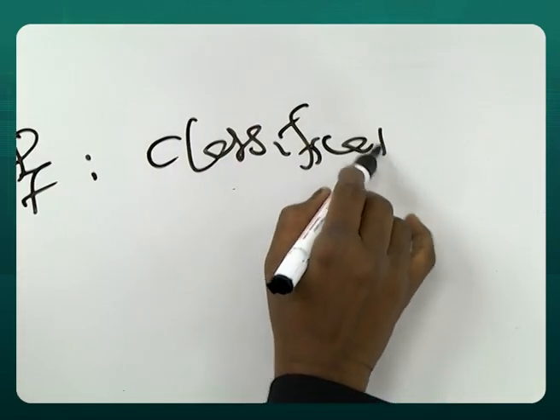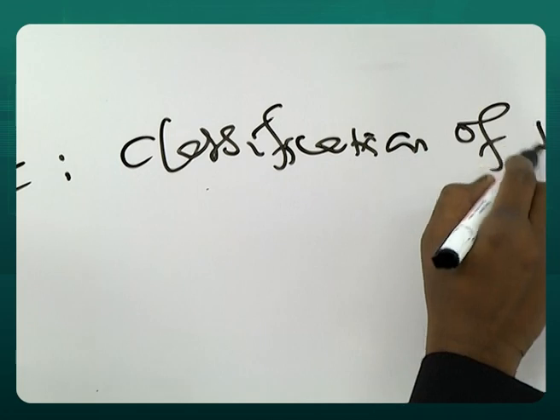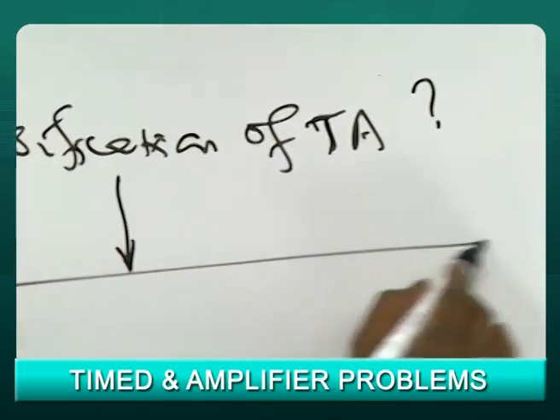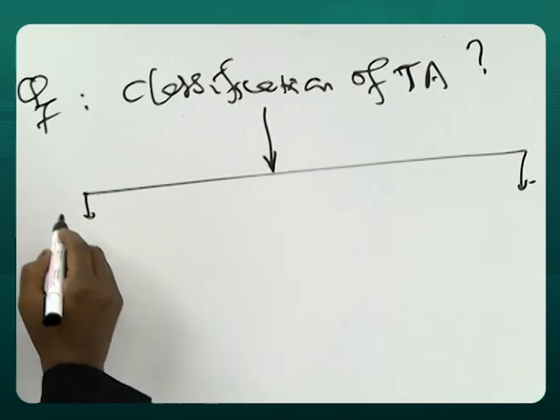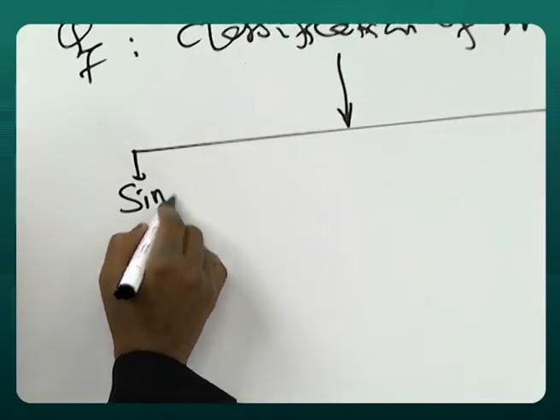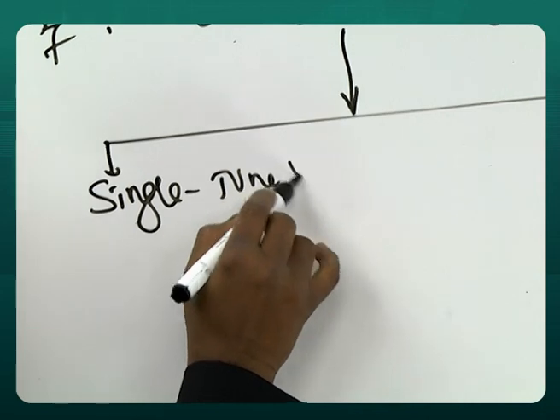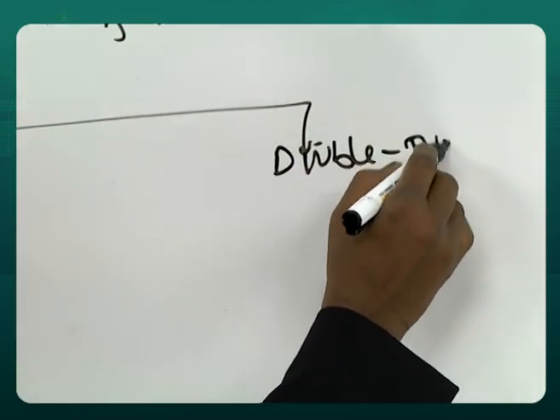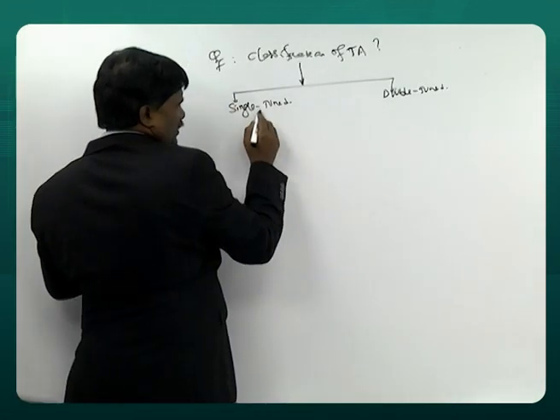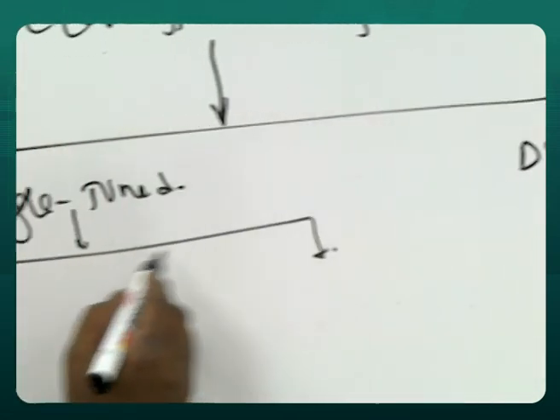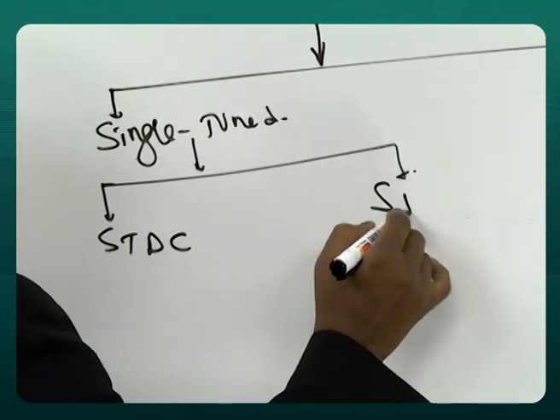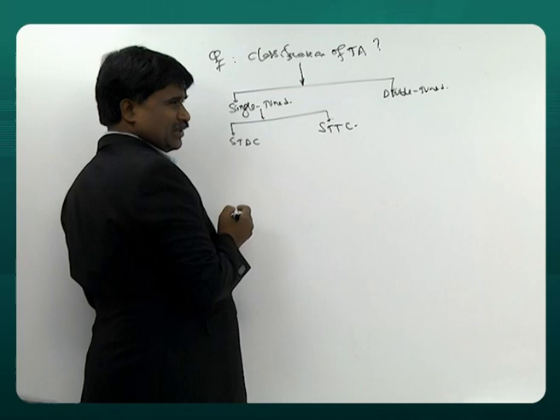Classification of tuned amplifiers. There are two: single tune and double tune. Single tuned is again two types: single tune direct coupled and single tune transformer coupled.